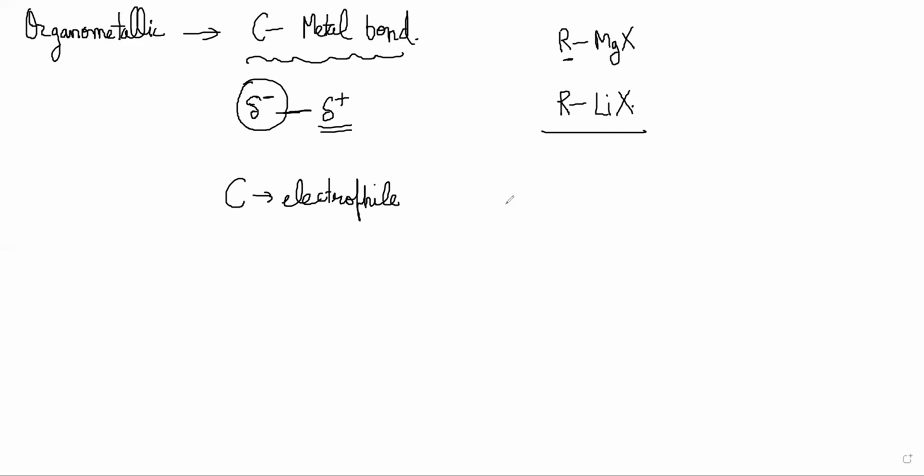Because they are so reactive, organometallics are usually stored at low temperatures, often -78 and so on, and they are kept with aprotic solvents. Aprotic solvents means they don't have a transferable H plus.